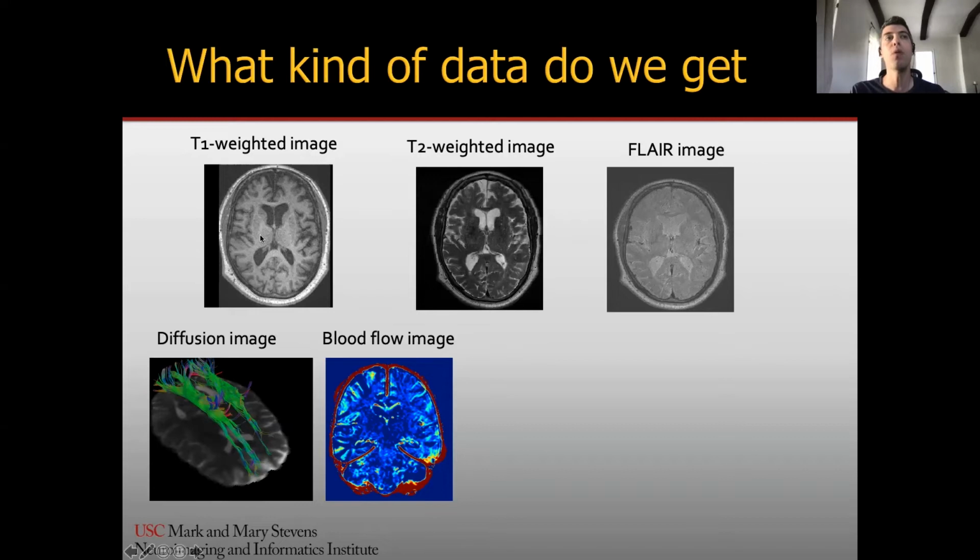For example, one particular image that we get, which we call the T1 weighted image, basically outlines the gray matter, this little ribbon right here, as gray, and the white matter, this big white area here in the middle, as white, as well as the cerebrospinal fluid being outlined as dark.